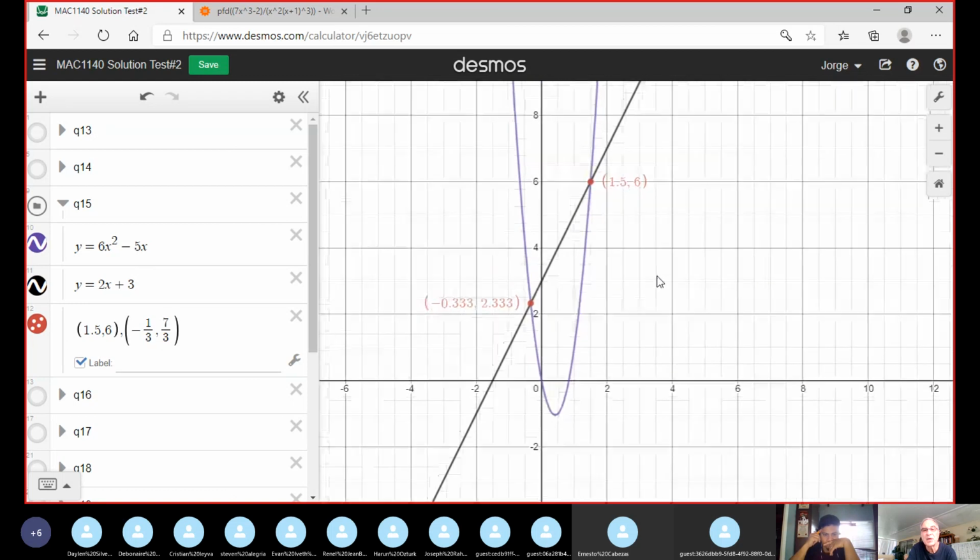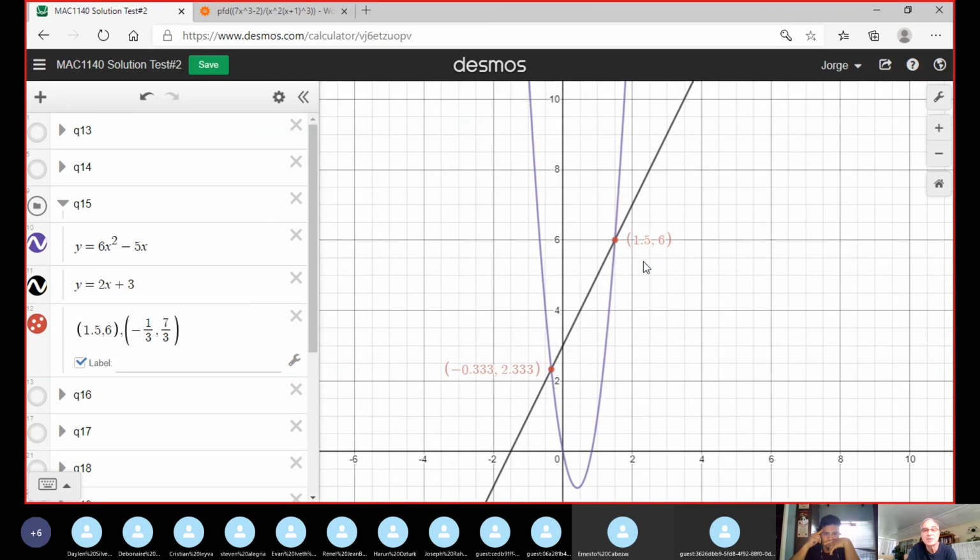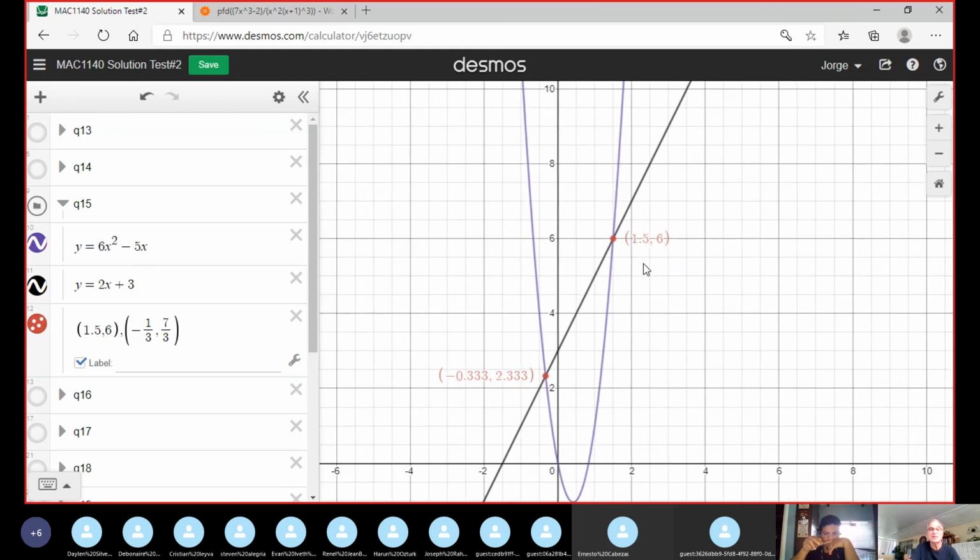It's a parabola. Look at that, a blue parabola, and the line is the black line. The intersection was the point 1.5, 6 and negative 1/3. Remember, Desmos offers the answer in graphical and decimal approximation, but I put it here in fraction.